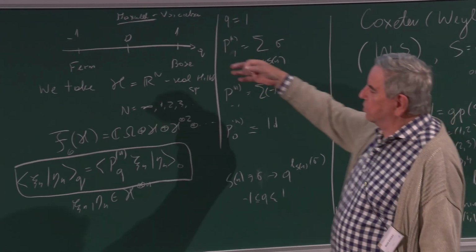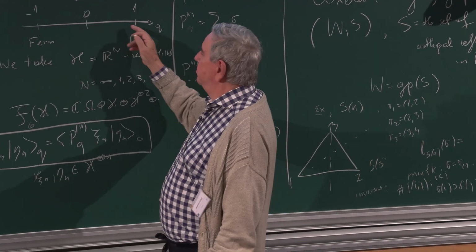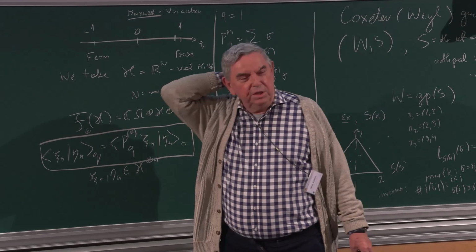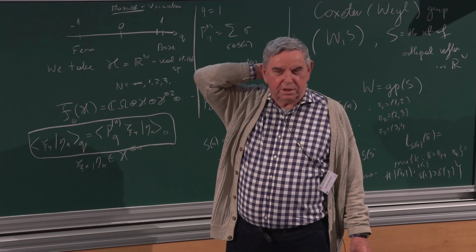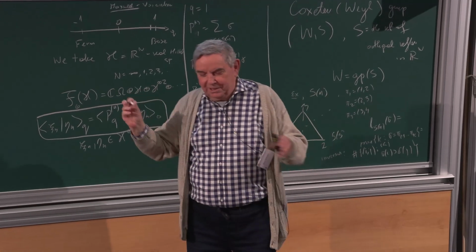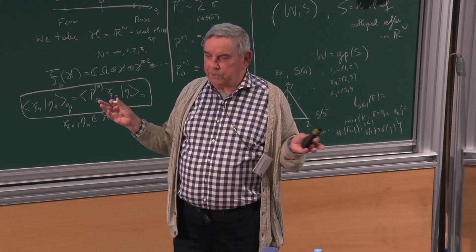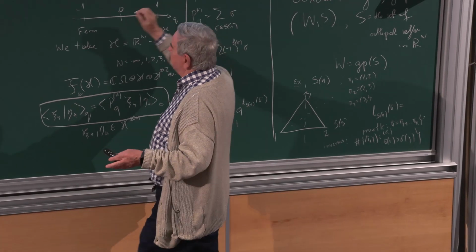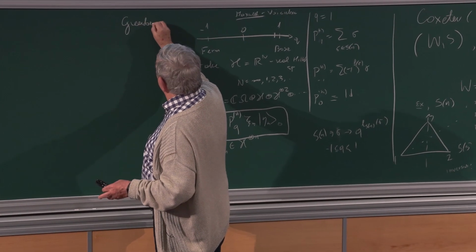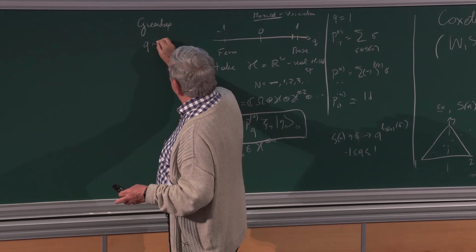But of course what is new is that q can be in between. And for example, the famous physicist Greenberg conjectured that the ideal Bose-Fock space with q equal to 1 does not exist. He conjectured that q should be almost 1.